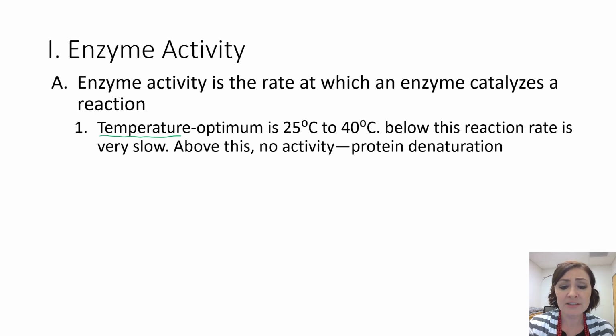So in the human body, your optimal temperature for enzyme function, meaning if you want to get the enzymes to work the fastest at the best rate without denaturing them, you're going to want to have a body temperature between 25 degrees Celsius and 40 degrees Celsius. So as it gets warmer, your enzyme functions faster, your molecules are moving more, but then it really takes a dive bomb beyond 40 degrees. 40 degrees, think of that as being feverish. 101, 102.